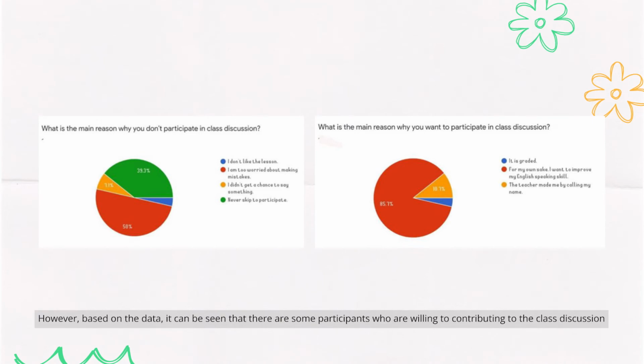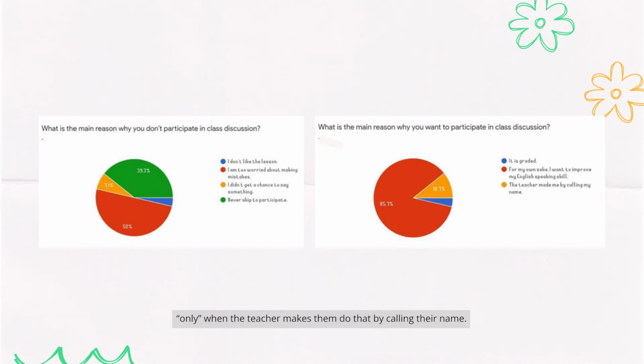However, based on the data, it can be seen that there are some participants who are willing to contribute to the class discussion only when the teacher makes them do that by calling their name. Otherwise, they would prefer to keep silent, which is considered non-recommended behavior because they will lose their opportunity to improve their English speaking skill.